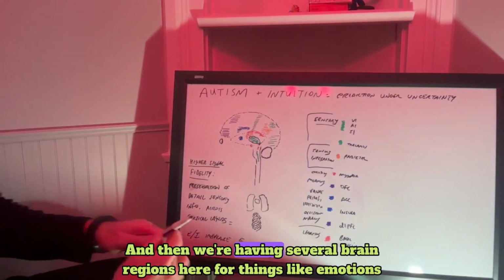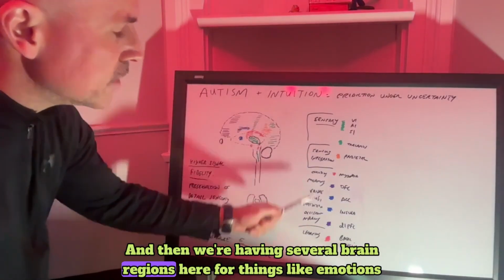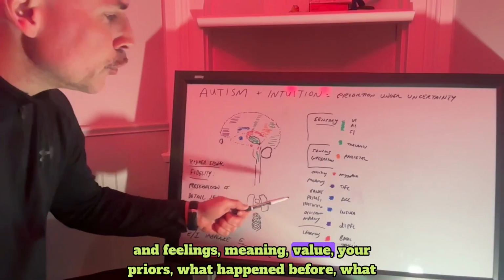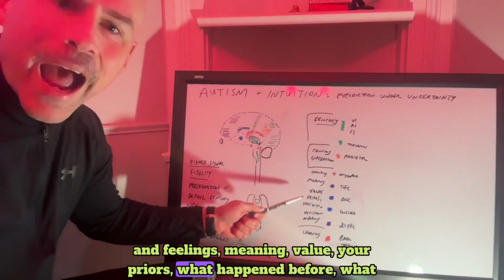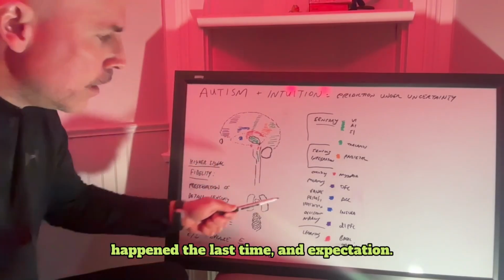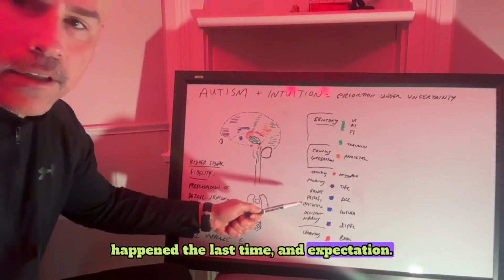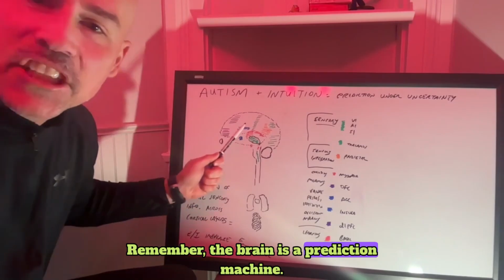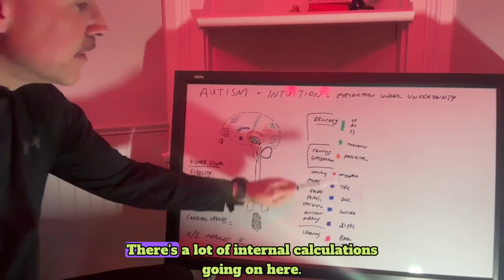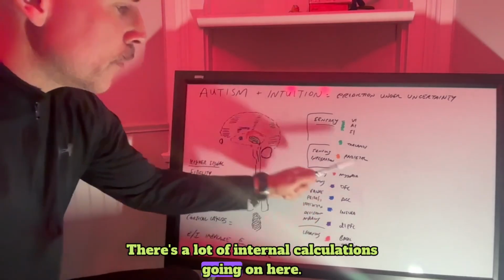And then we have several brain regions here for things like emotions and feelings, meaning, value, your priors, what happened the last time, and expectation. Remember, the brain is a prediction machine. And then decision making, a lot of internal calculations going on here.